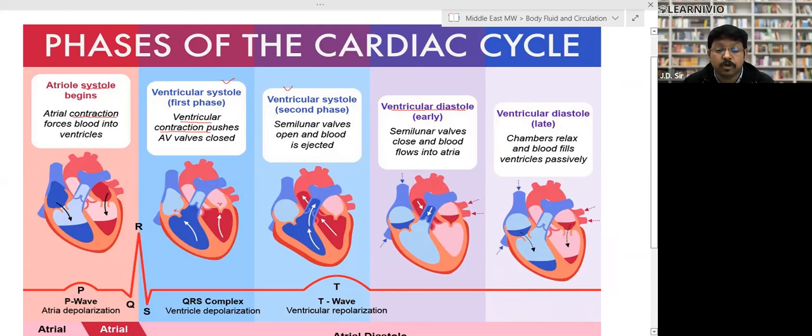Look, this valve opens and this valve closes, and both of the atria get relaxed. And when they relax, where will blood come into? Into the atrium. Ventricle will relax. T wave means the ventricle will relax and blood will come into the atrium. Is it clear?